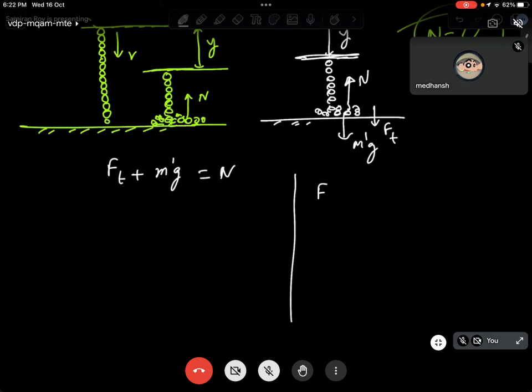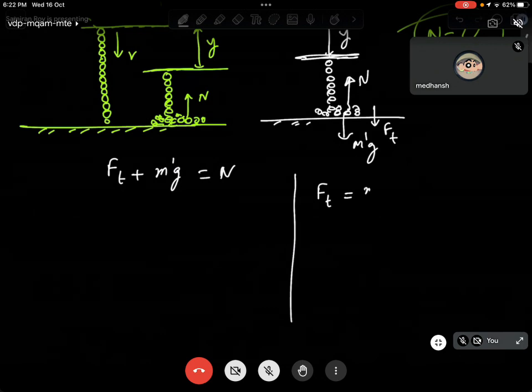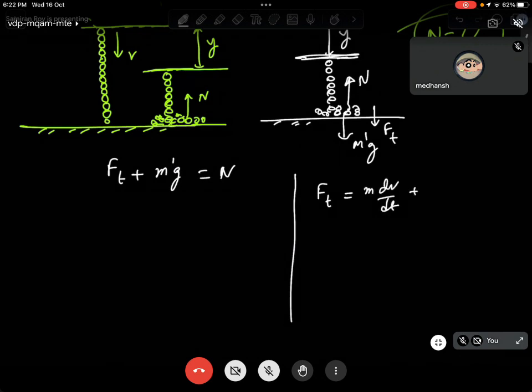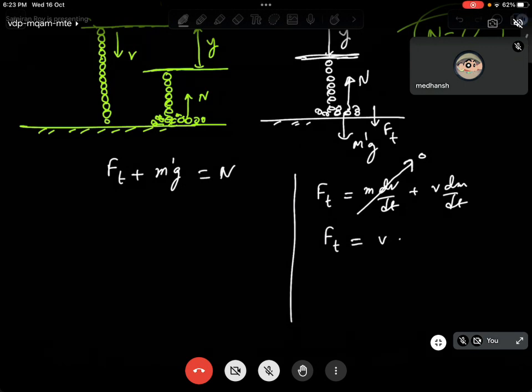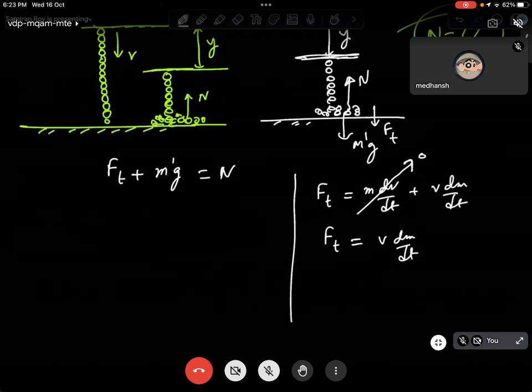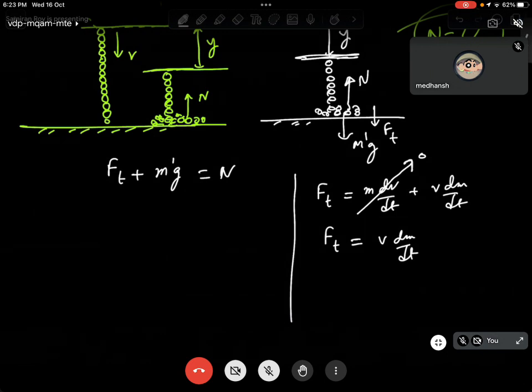What will the thrust force be? Any force I can write as m dv by dt plus v dm by dt. Obviously I can always use this formula, correct? m dv by dt is 0 because velocity is not changing; the chain is lowered with a constant velocity. So the thrust force will be v into dm by dt. What is velocity?